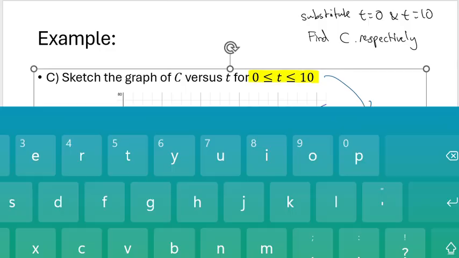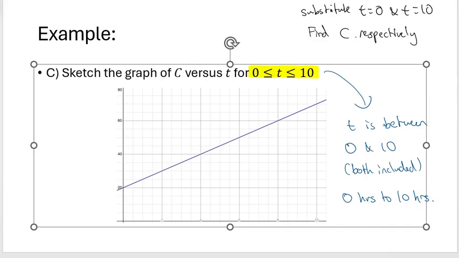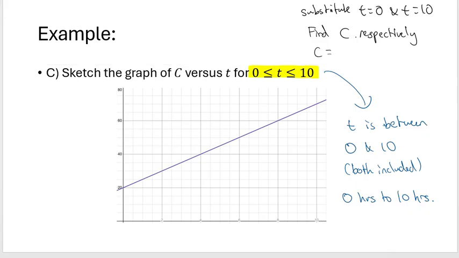Now, when you do that, I find C. So C equals 20, and then C equals $70. So that's why I've scaled my graph weirdly like this. So this is 80, 60, 40, 20, 2, 4, 6, 8, 10. And just make sure you label your axis as well.